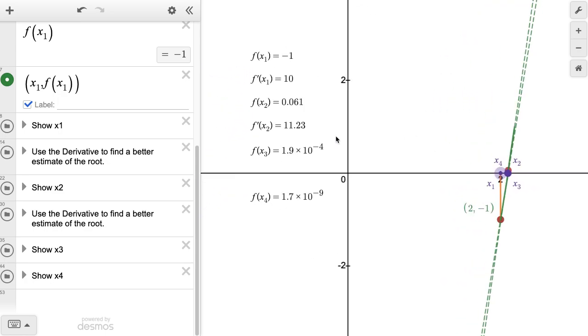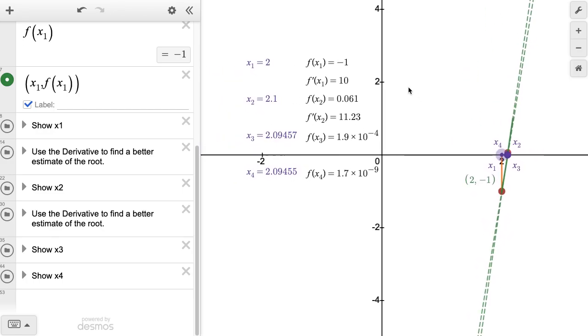Okay, so my first guess x1 was 2, and f of x1 was -1. And then through using that derivative, I found a new guess, which is 2.1. And f of x2 was 0.06.